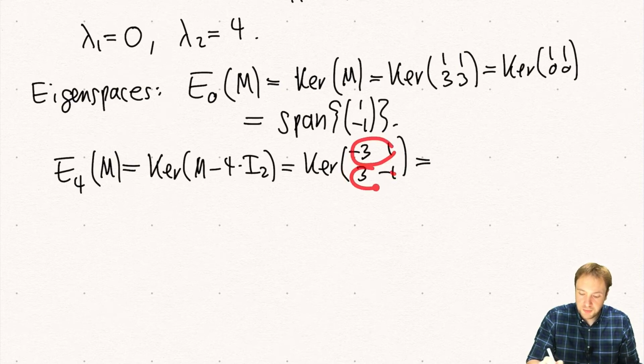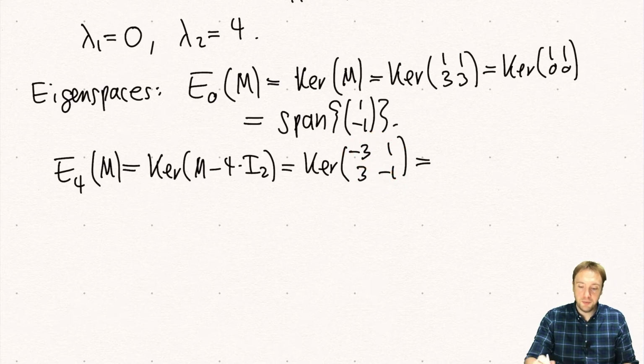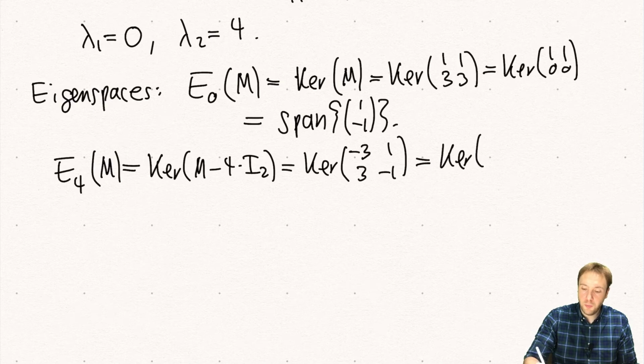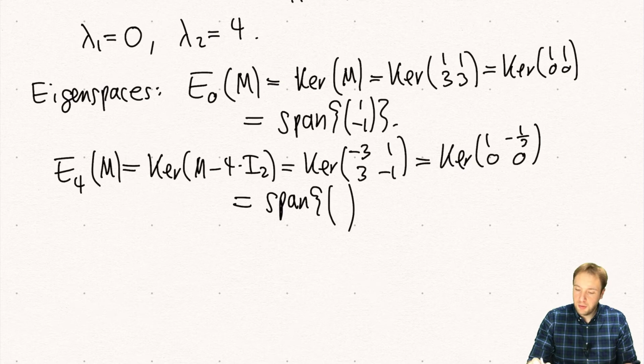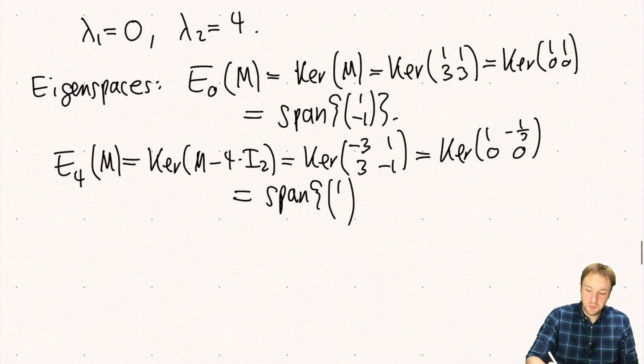So I can add this to there, so I get a 0 row there, and then I can divide by minus 3. So this is the kernel of 1, minus 1/3, 0, 0. And this is the span of all vectors where the second entry is 3 times the first entry. So this is 1, 3.